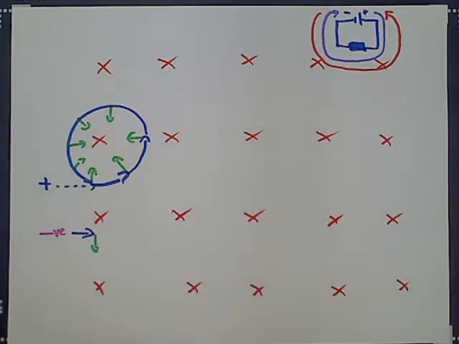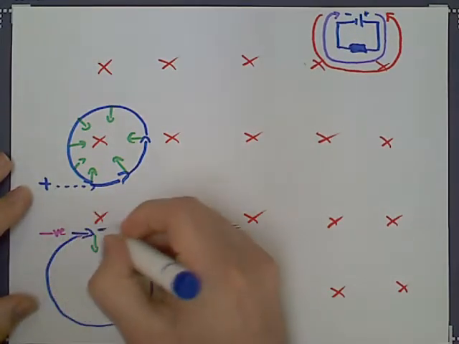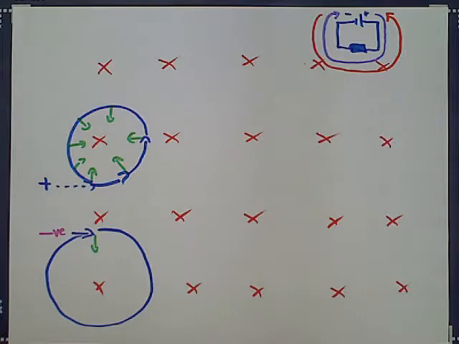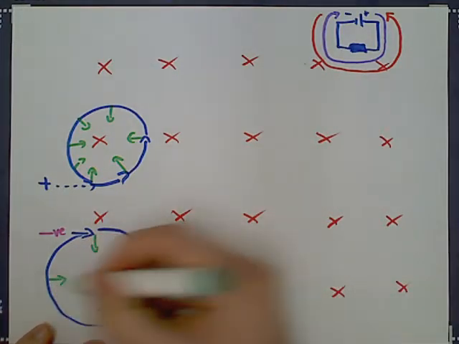And so we will observe the exact opposite of what happened with the positive particle. When it moved into that situation, we get circular motion, but this time in the opposite direction.